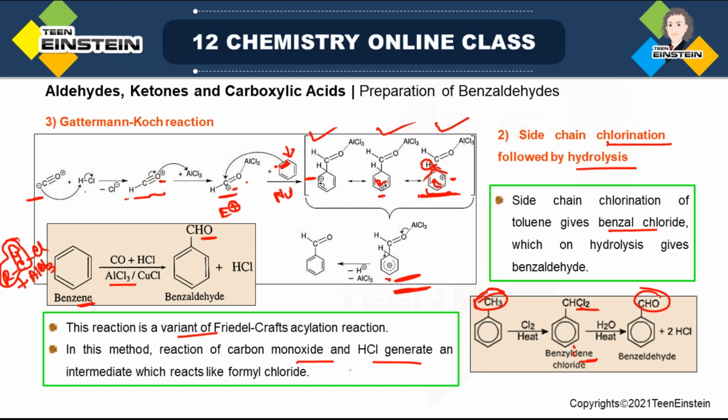Formyl chloride is basically HCOCl. If you remove this Cl, the remaining part is HCO, so you can find some similarity here. So it reacts like formyl chloride, which is HCOCl. By the Gatterman-Koch reaction, starting from benzene, you can prepare benzaldehyde. You have to use CO and HCl, AlCl3, CuCl.